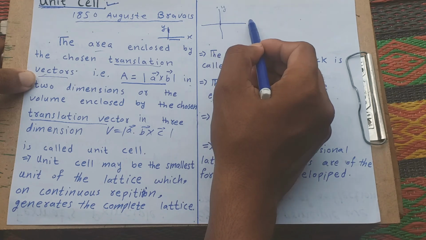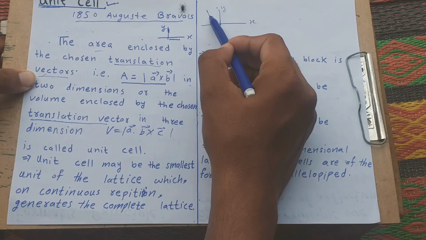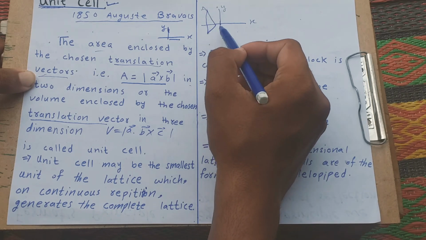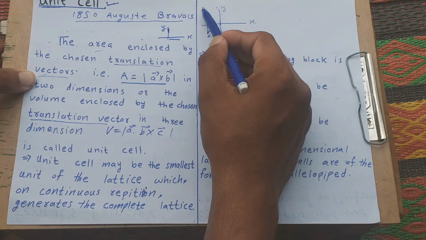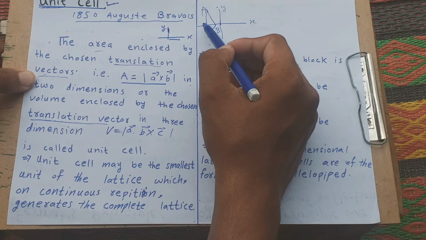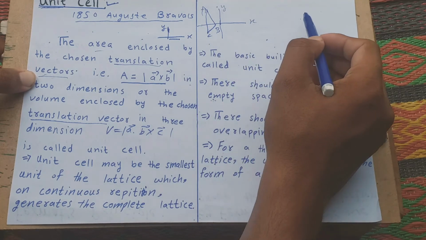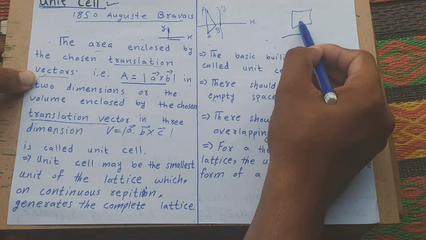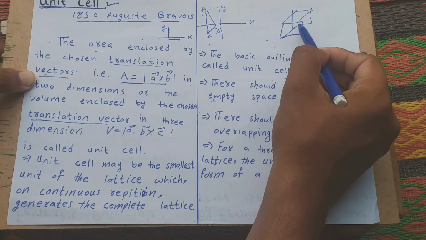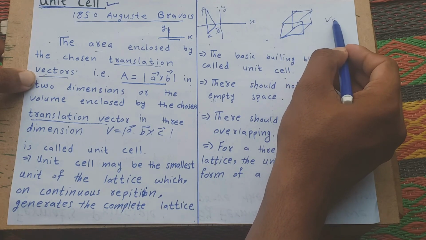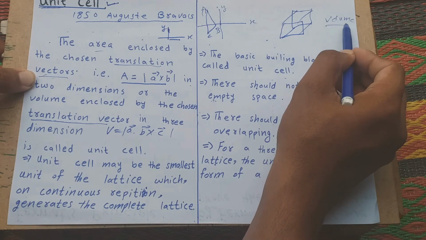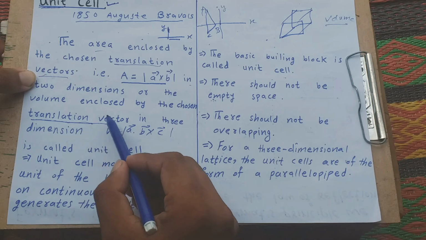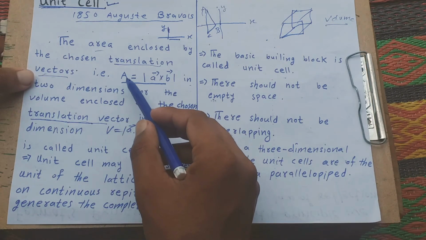This is y and x, and this is a, b, c. These are the translational vectors for area and also the translational vectors for volume. Okay, understand this concept, translation vector for volume and translation vector for area.